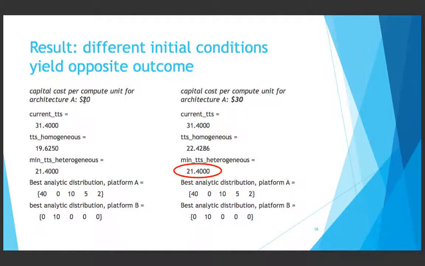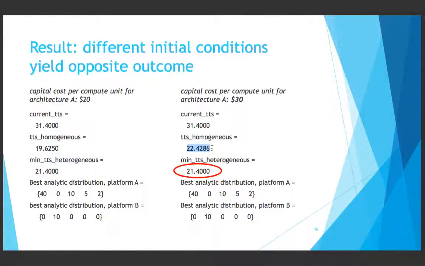Now, if I change one value, the capital cost of A, to be slightly more expensive, the consequence is that I can buy less of it with that same $100, so the time to solution for sticking with a homogeneous environment is slightly longer than it was where the capital cost was lower.